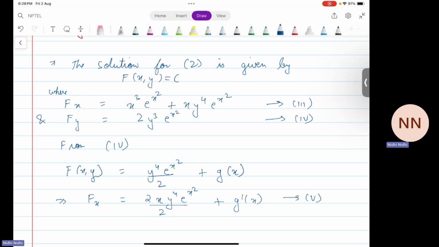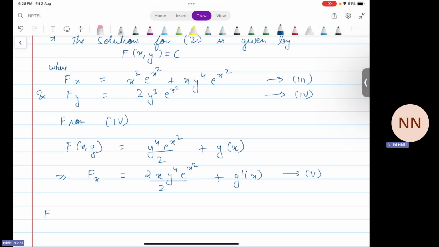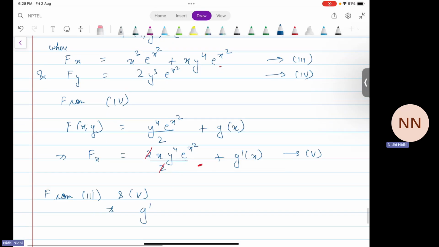Now from third and fifth, what do we get? Now these two and 2 get cancelled out. This term and this term will get cancelled out. We'll be left with g dash x is equal to x cube e to the power x square.